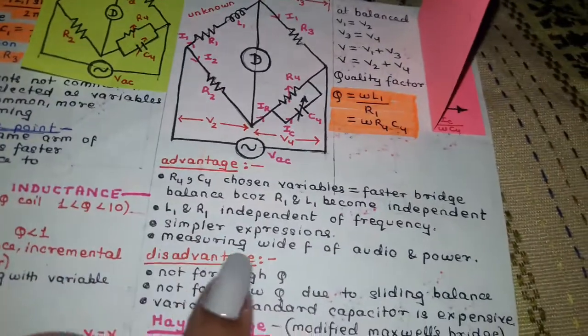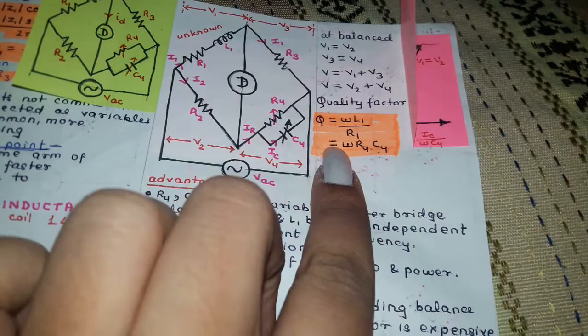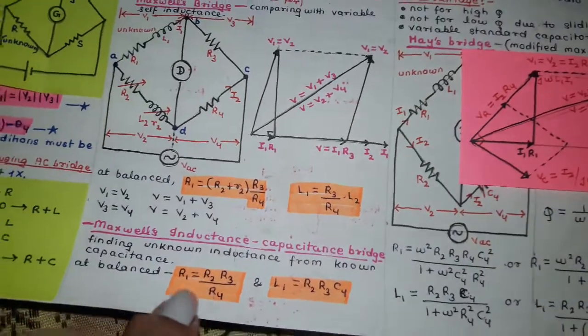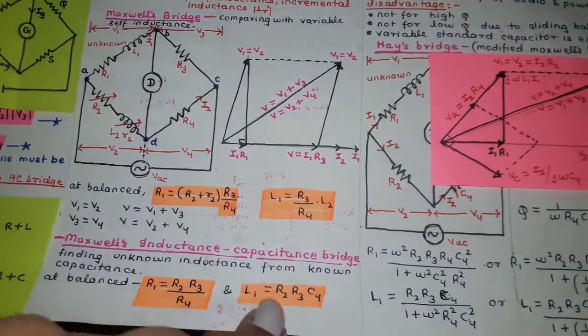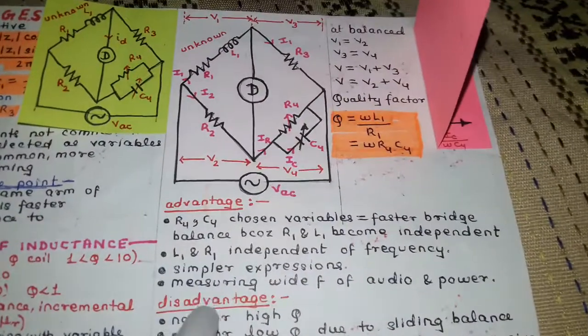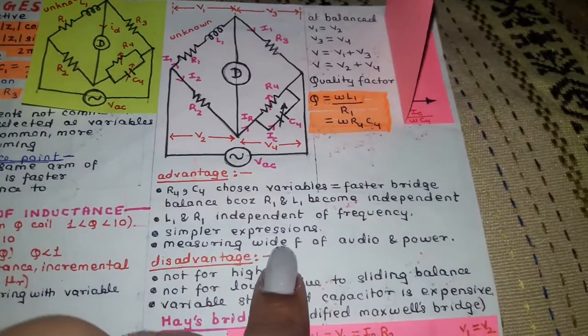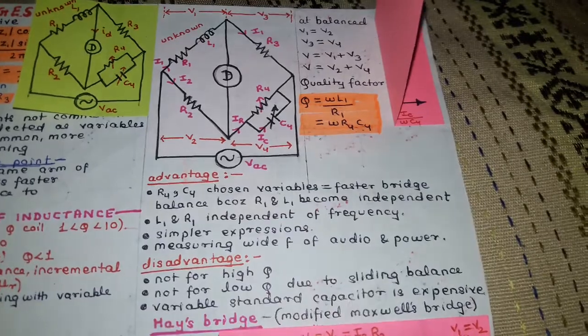Then we have simple expressions: the quality factor expression is rather simple, the unknown R expression is simple, and this expression is also simple. Then we can measure a wide frequency range, of audio and power frequencies, with this method.